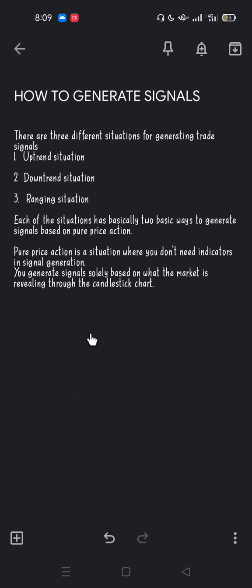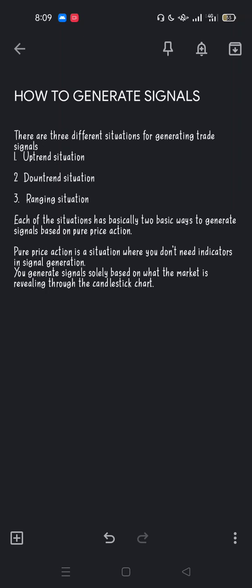Now I'm trying to give you a brief definition of pure price action. You don't need indicators in signal generation. So everything you are doing is based purely on the market. I'm not trying to get RSI. I'm not trying to get Bollinger Bands. And of course, it's not as if those indicators are not good or not helpful. But if you must be a profitable trader, you must learn how to do your analysis and how to generate signals first without the help of these things.